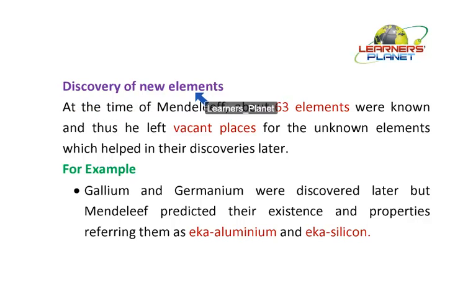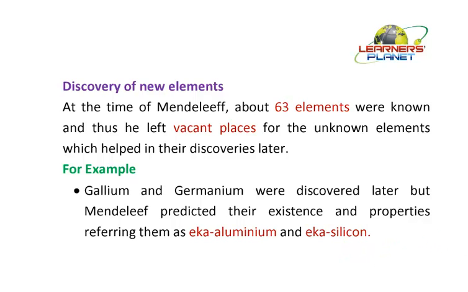Discovery of new elements. At the time of Mendeleev, about 63 elements were known. And thus he left vacant places for the unknown elements, which helped in their discovery later. For example, gallium and germanium were discovered later, but Mendeleev predicted their existence and properties, referring to them as Eka aluminium and Eka silicon.